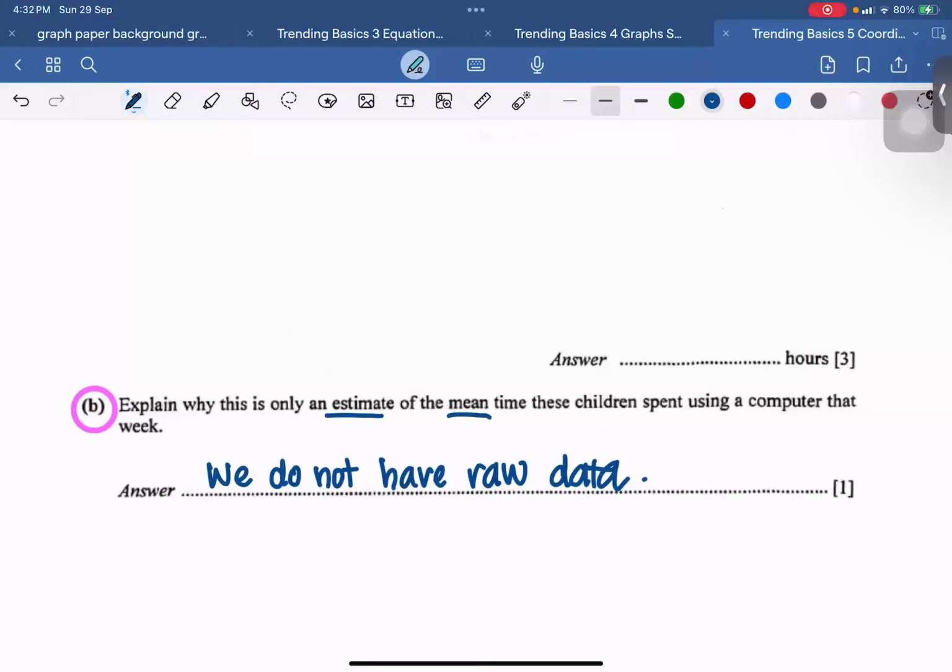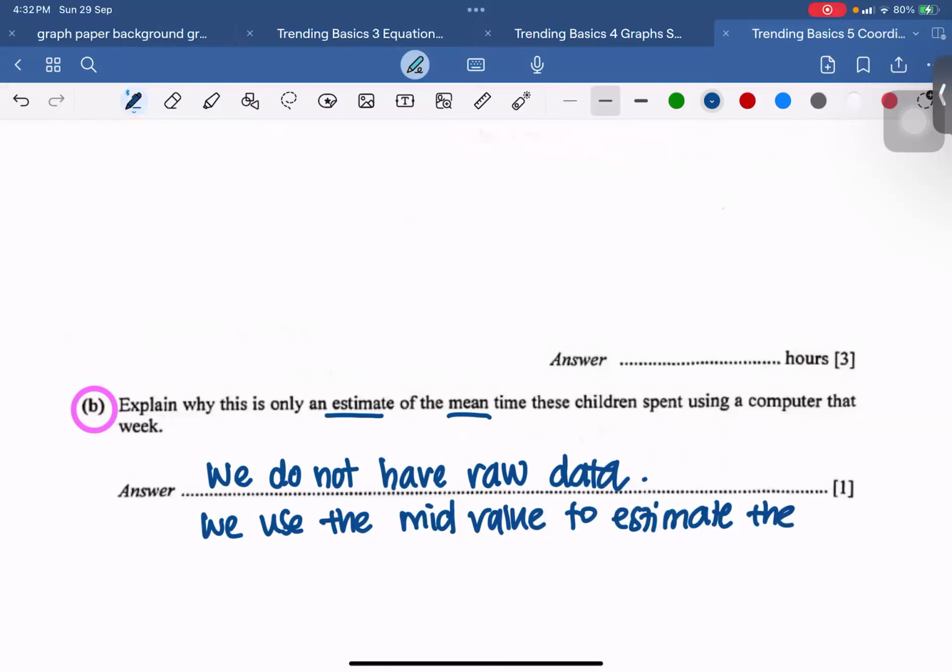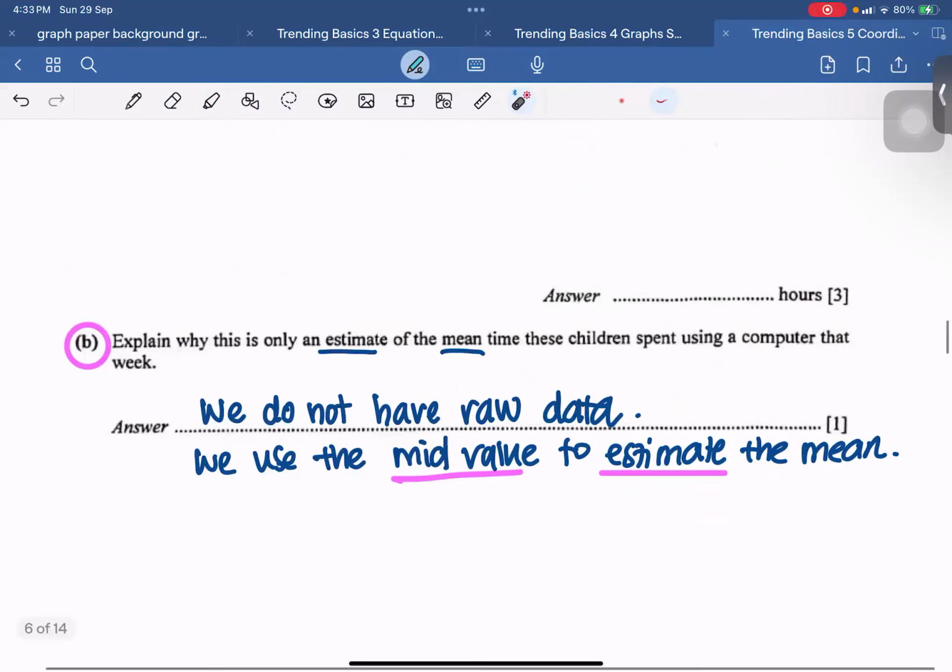How do we calculate the mean? We use the mid value to estimate the mean. So I'm just telling them, I don't have the actual data, so I use the mid value to estimate. That's why it's an estimation of the mean. So I prefer this answer as it is more complete.